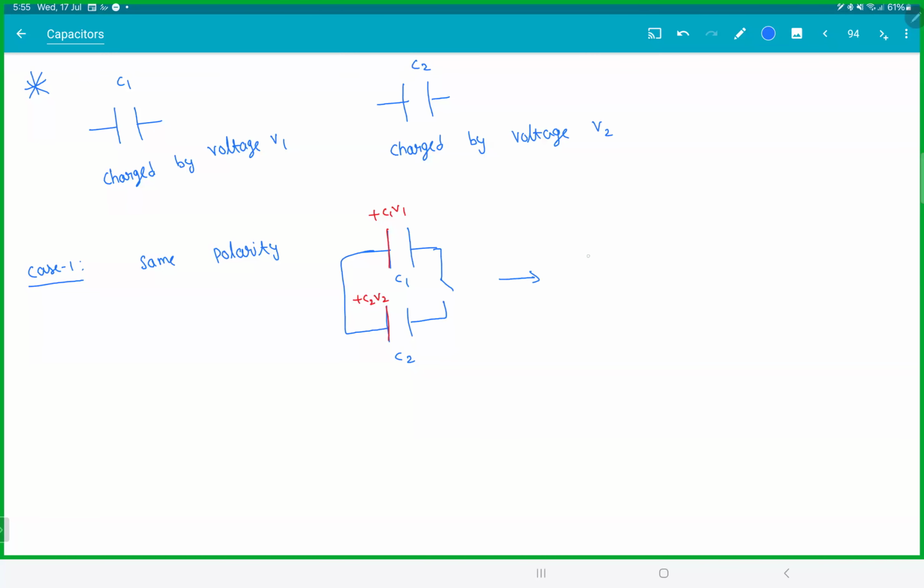So after closing the switch, the final voltage across them, or you can say common voltage across them, would be (C1V1 plus C2V2) by (C1 plus C2).